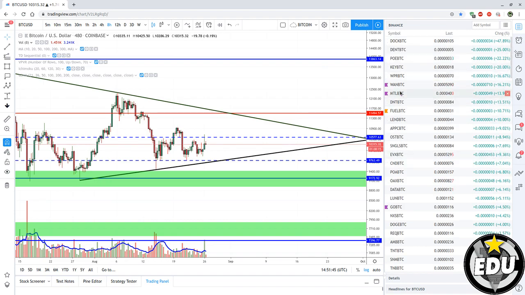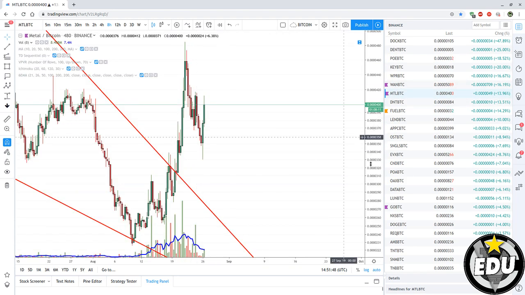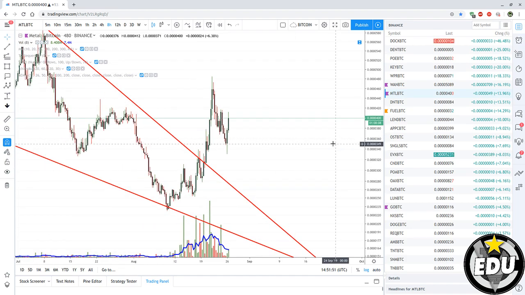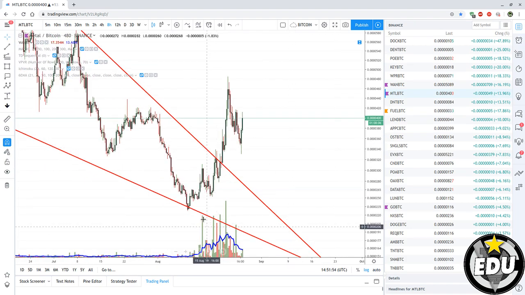Except if you are on a coin all day long and you want to enter based on volume profile, or you want to enter on the 50 minutes time frame, 1 hour time frame.